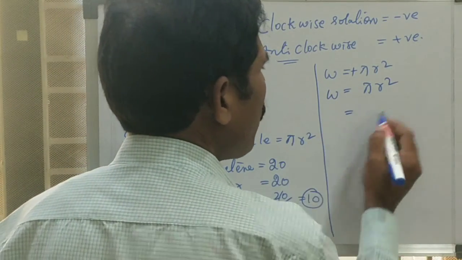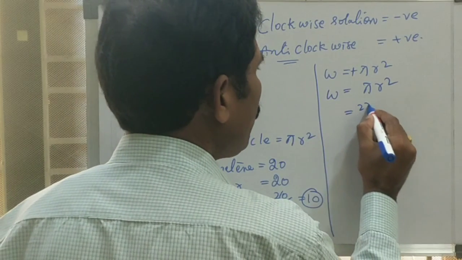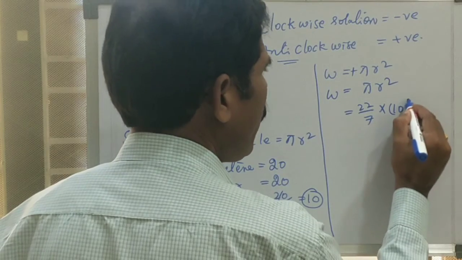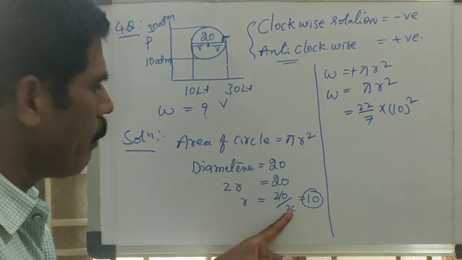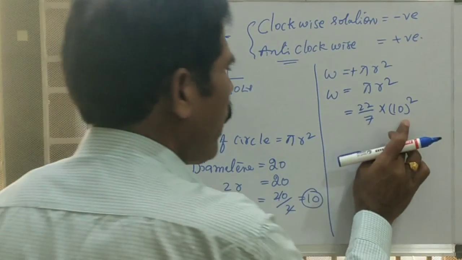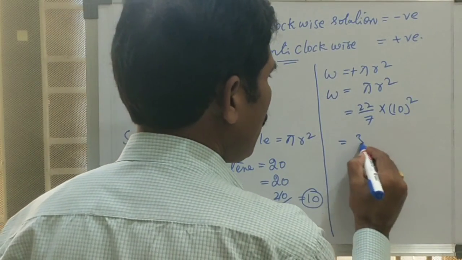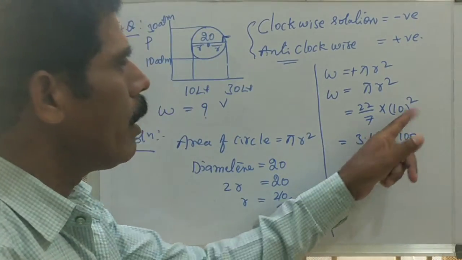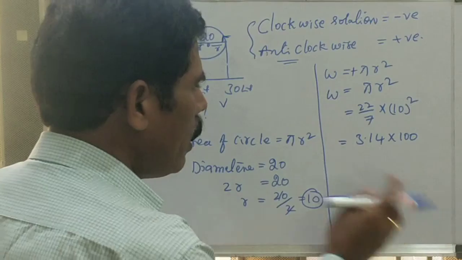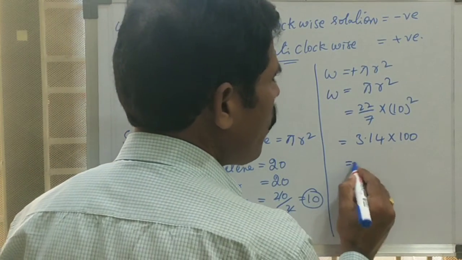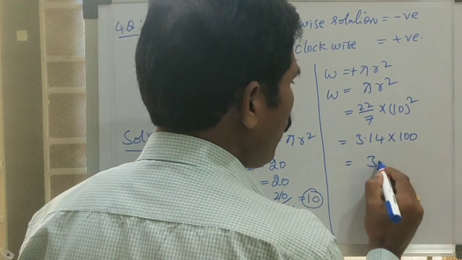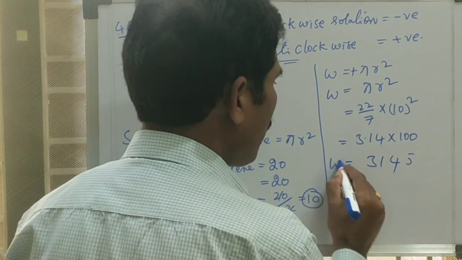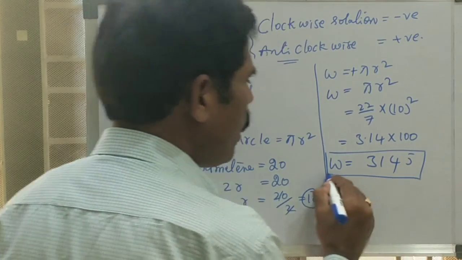Here the pi value is 22 by 7, or approximately 3.14, into 10 squared. 10 squared gives 100. So multiply both the values. How much will you get? 314. This is approximately in joules. This is the value of W.